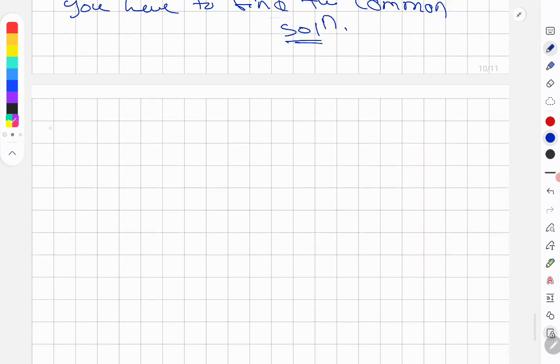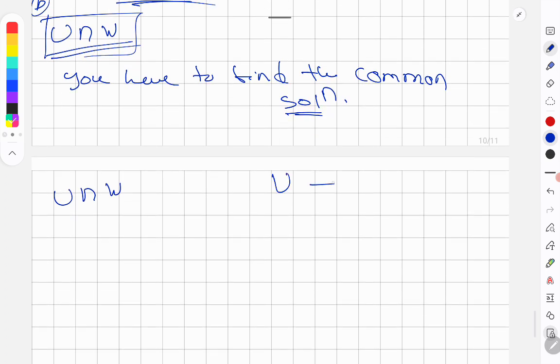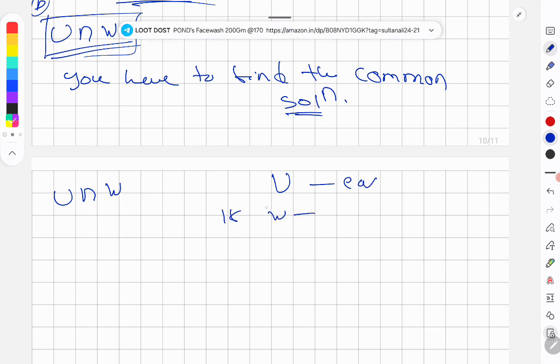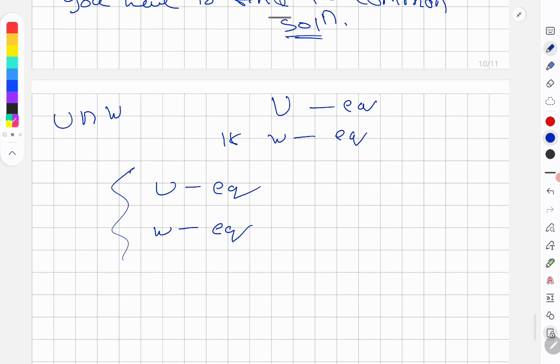so if you have for U intersection W, imagine if you have equations of U and if you have equation of W, what you can do, you can solve the equation of U and equation of W at the same time, like you will put it in the row echelon form. Okay.